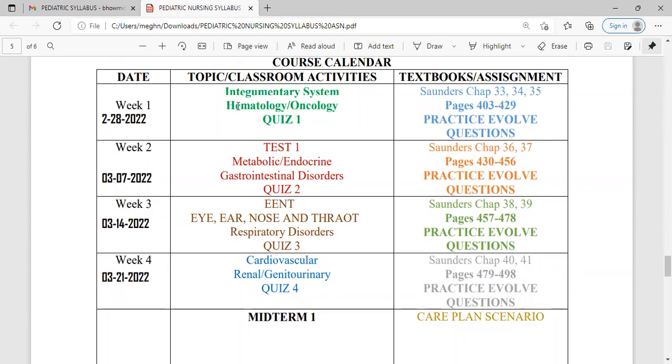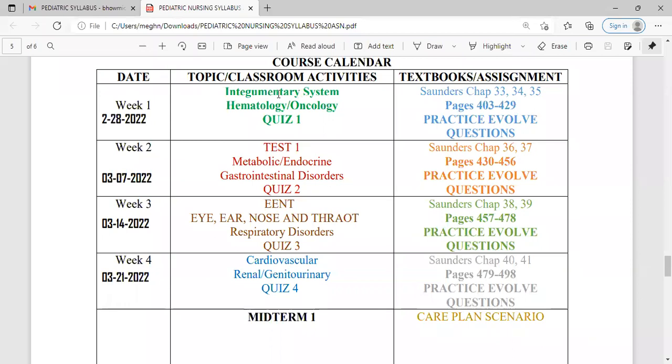Integumentary, hematology means blood, and oncology means cancer. If you go in the textbooks, you can see the book name Saunders, and chapters 33, 34, 35. Also the page numbers are there, 403 to 429.